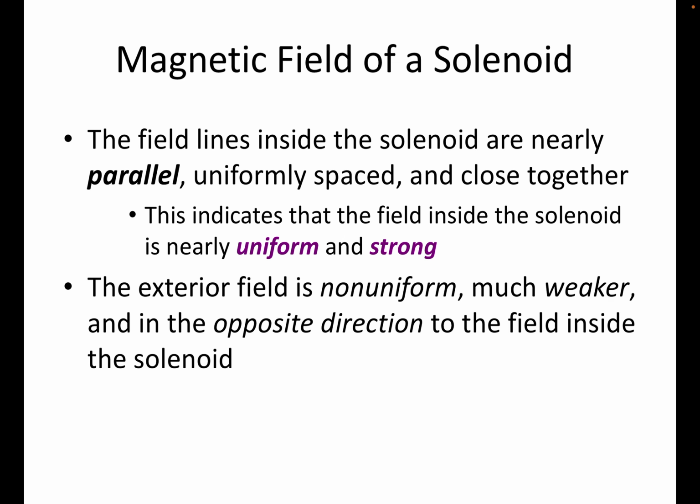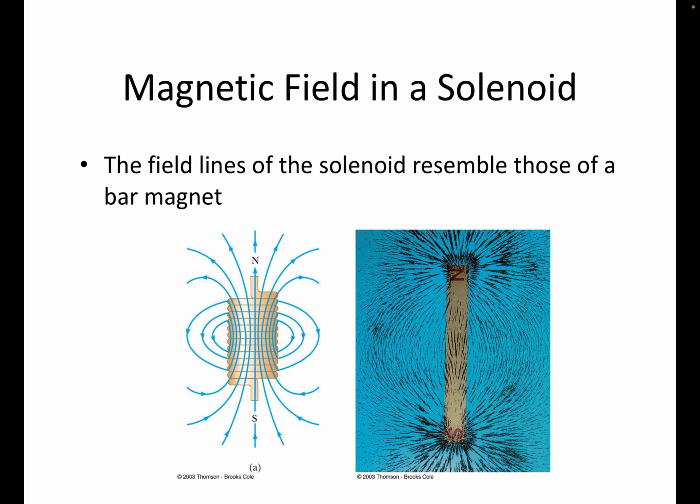The field of a solenoid is very interesting. Inside the solenoid, the field lines are parallel, uniformly spaced, and close together. This indicates the field is very strong and uniform. Outside of the solenoid, the field is much weaker and non-uniform.